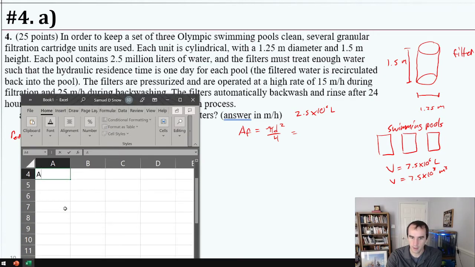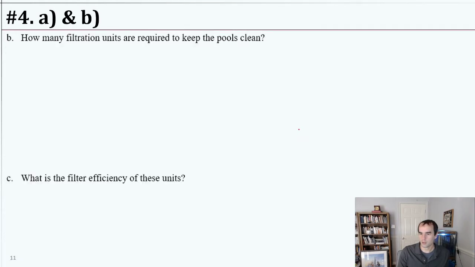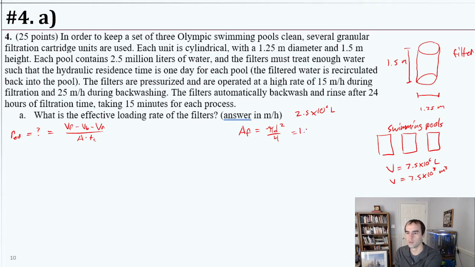Let's say the area of a filter is equal to pi, times diameter squared, which is 1.25, and all that divided by 4. So our area is 1.23 square meters for each filter.